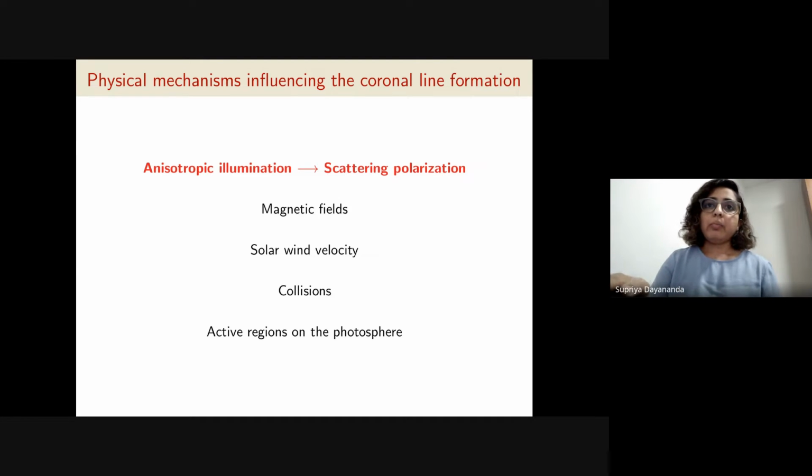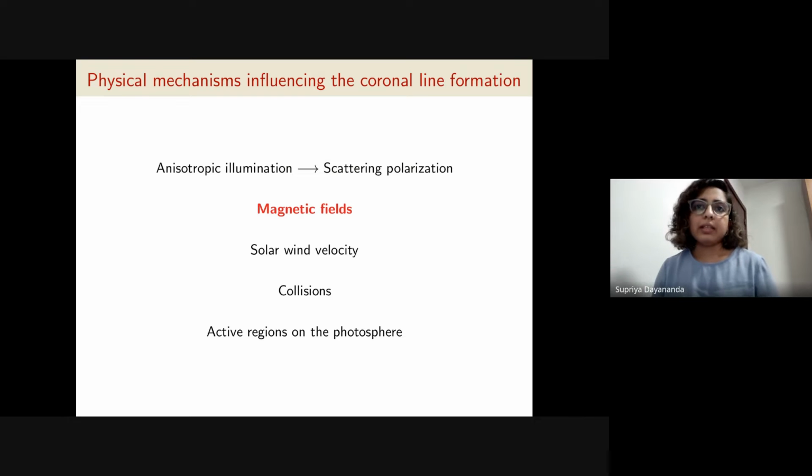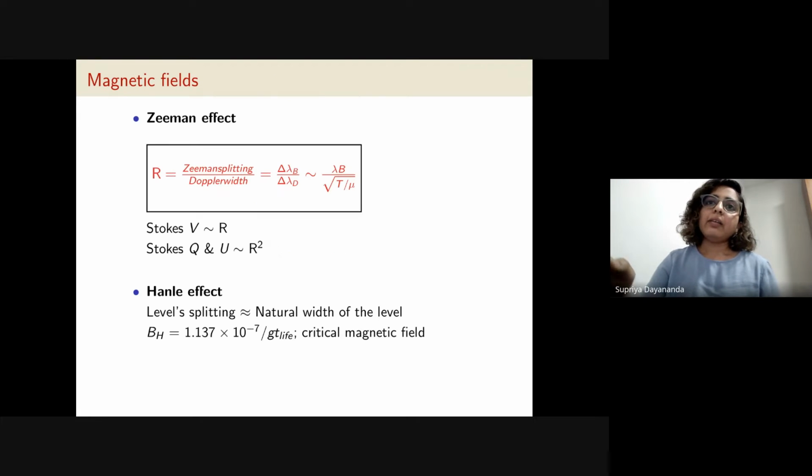The other important mechanism is the magnetic field itself. The magnetic fields manifest themselves both in terms of the Zeeman effect and also the Hanle effect. If you look at the ratio of Zeeman splitting to Doppler width, which gives us an idea of how sensitive the line is to the Zeeman effect, then you see that this ratio goes directly with the magnetic field strength and inversely with the square root of temperature.